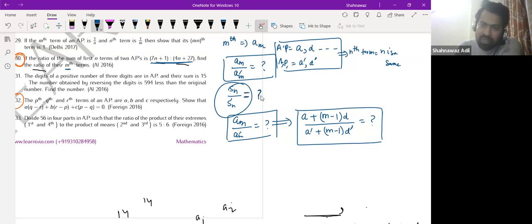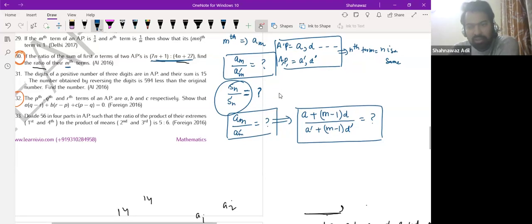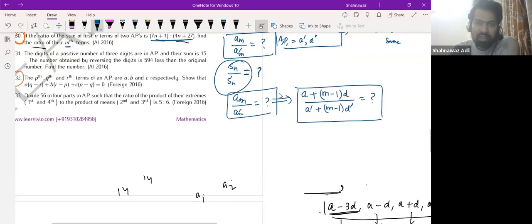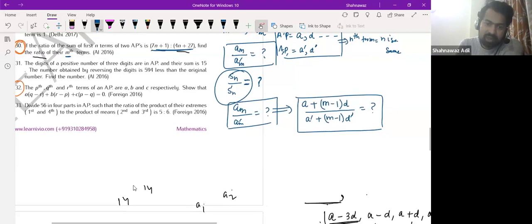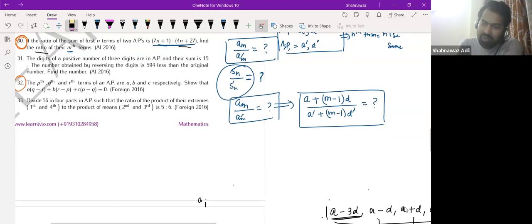Yes, where did you guys reach? Ina and Tejasvi, Amar, where did you guys reach?